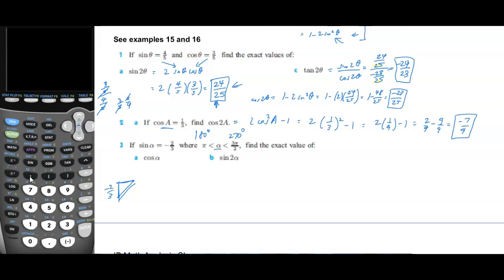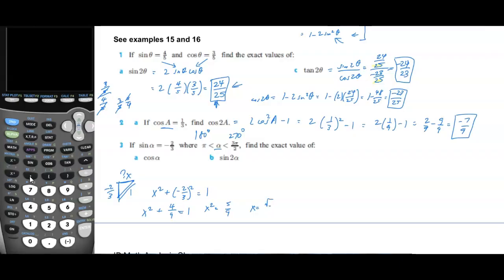So that means the y coordinate is negative 2/3. The hypotenuse is 1. We want to know what this is. We could use the Pythagorean theorem, right? The Pythagorean theorem for this triangle would be, let's call this x. So it would be x squared plus negative 2/3 squared equals 1 squared. So that would be x squared plus 4/9 equals 1. X squared equals 5/9.